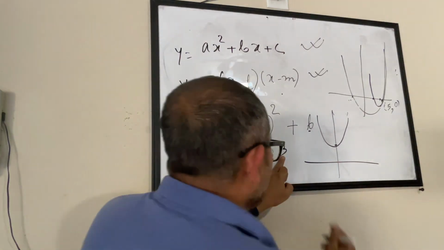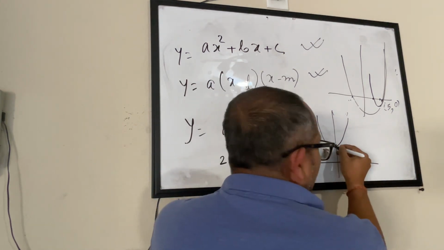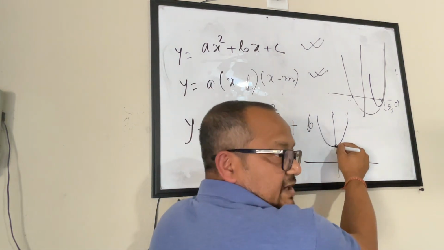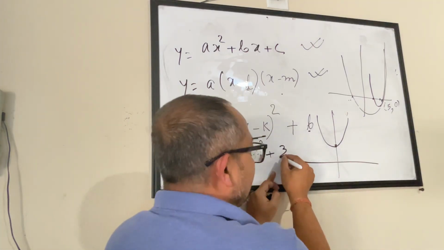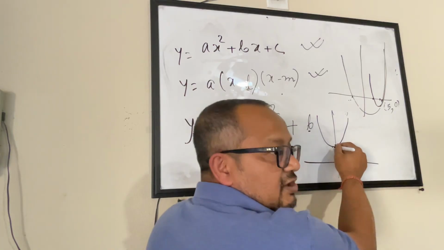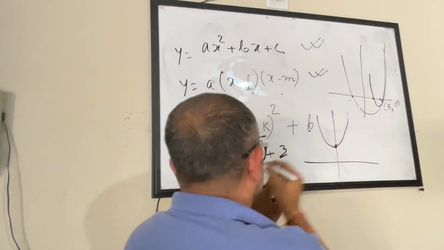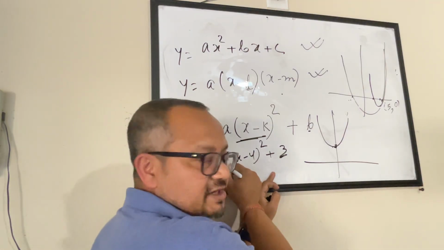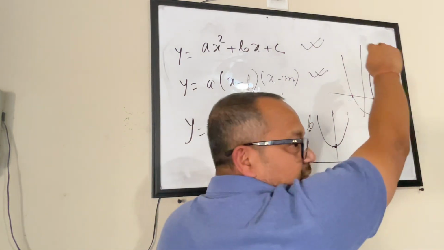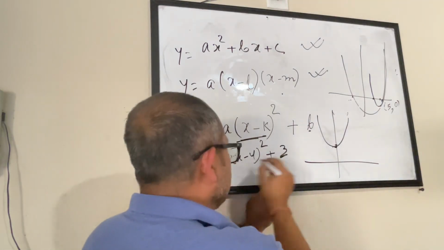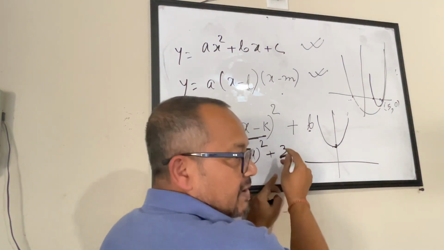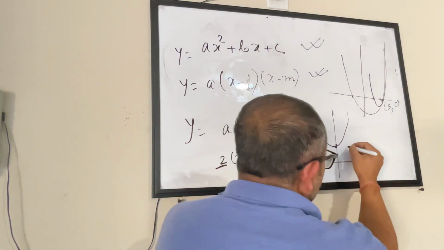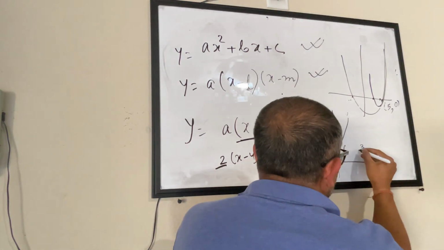This means that 3 is the y coordinate of the vertex, meaning the lowest point or the highest point, whatever it is. Since this is 2, which is positive, my parabola is facing upward. So the vertex is my lowest point, and the y coordinate of that is 3.